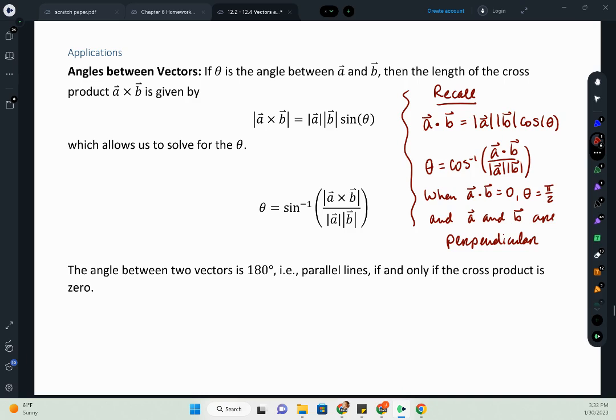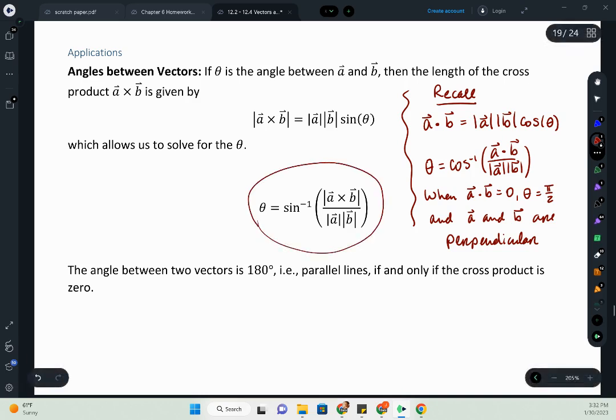And then we can isolate the angle and we get this next expression that theta is the sine inverse of the magnitude of the cross product divided by the product of the two magnitudes of A and B. That's quite a bit to calculate, and every now and then that's the one you're going to have to use. Admittedly, the dot product definition for finding the angle between two vectors is easier. It definitely is, because you don't have to do a cross product. Dot products are easier.